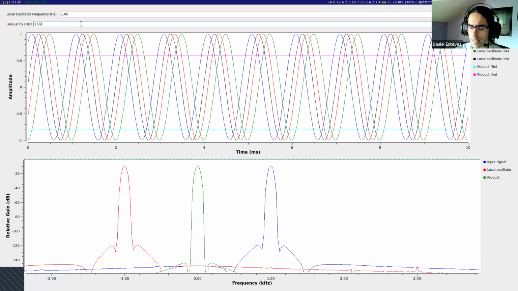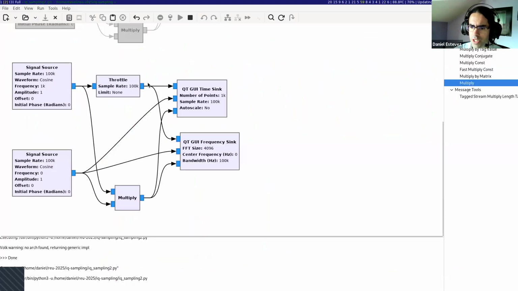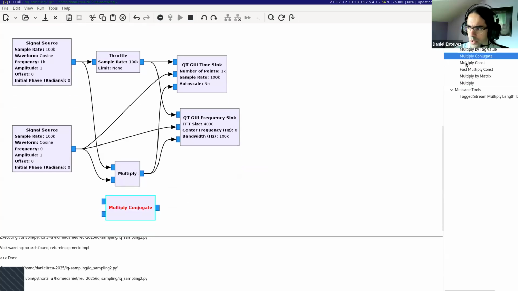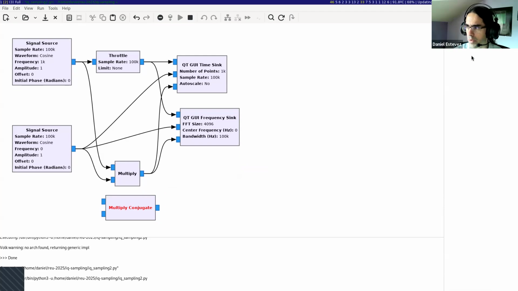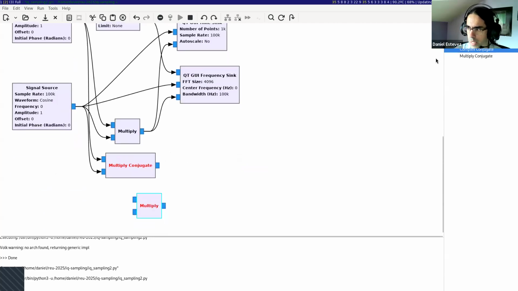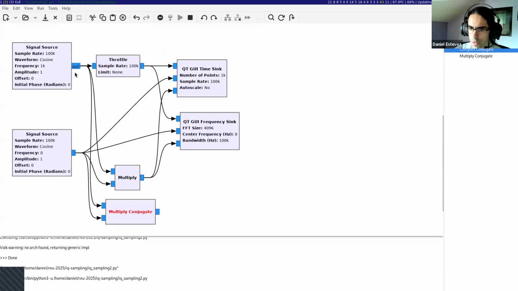And the way we deal with that, or the way we adjust for that, is to perform a multiply conjugate. So multiply conjugate is the same as multiply, but perform a complex conjugate of the second term. So I'm going to show exactly what the operation is. So multiply conjugate would be like this, and this is equivalent to multiply and put a complex conjugate on one of the inputs.